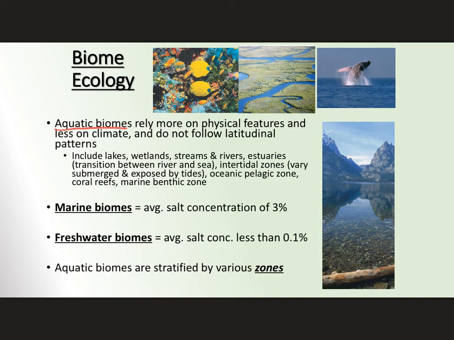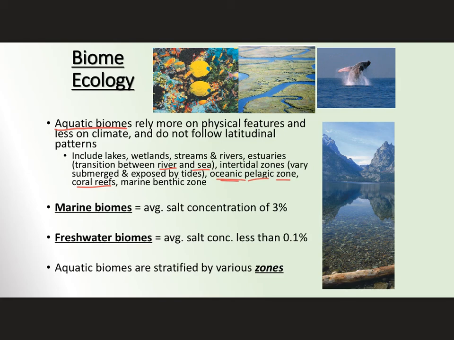When we talk about aquatic biomes, we're talking about something like a lake versus a river, versus a couple things you're probably not as familiar with, like estuaries, which is a transitional area between the river and the ocean. Intertidal zones, which is like a beach, so to speak, where it's sometimes covered in water and sometimes not. The pelagic zone, which is basically the ocean. Coral reefs, right? Things like that.